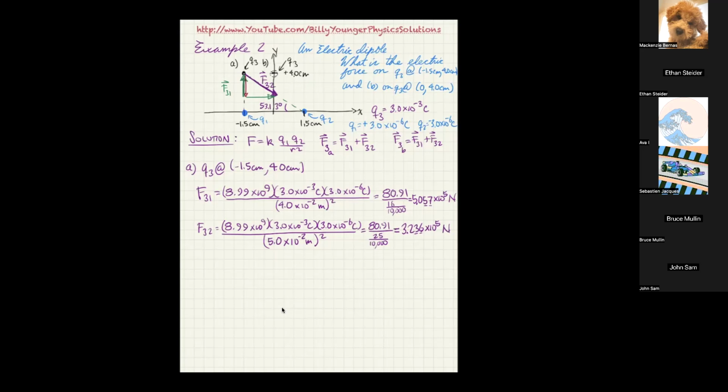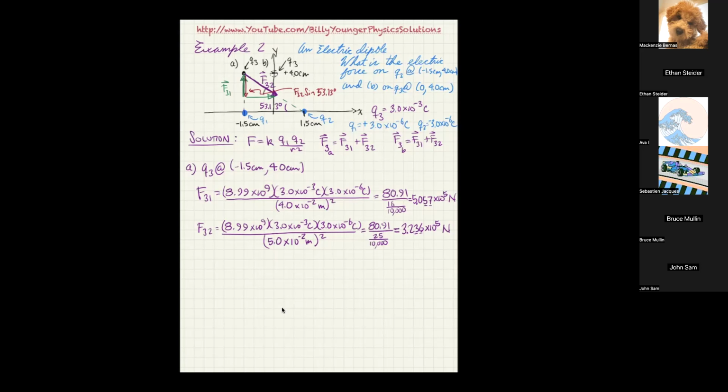So the red one, I'm going to get my marker back on red. This guy right here is actually equal to F32 times the sine of 53.13 degrees. And this guy, the green one there, notice the angle theta ends up over here.